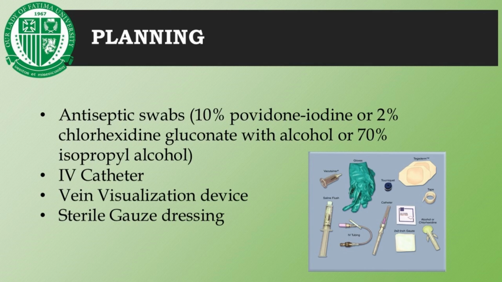Antiseptic swabs, 10% povidone iodine or 2% chlorhexidine gluconate with alcohol or 70% isopropyl alcohol, an IV catheter, a vein visualization device that projects a real-time image of a patient's veins onto their skin surface, and sterile gauze dressing are also essential equipment during IV therapy.